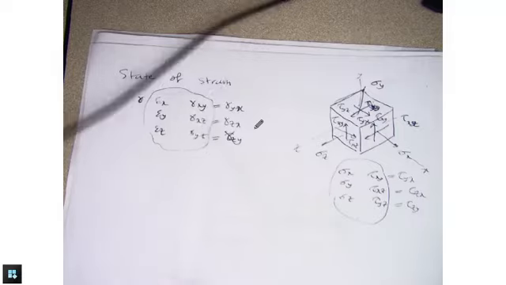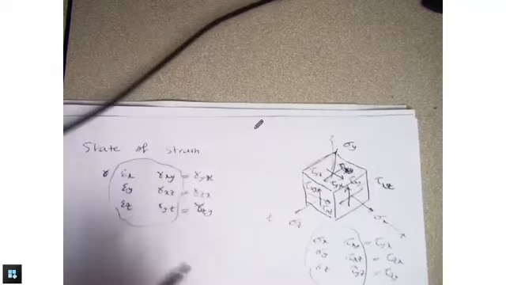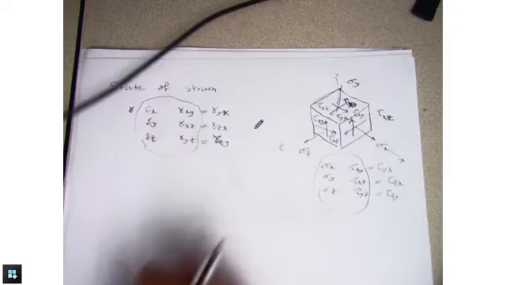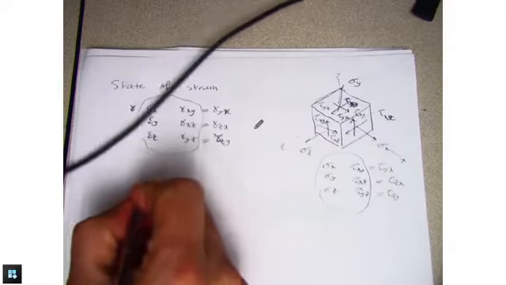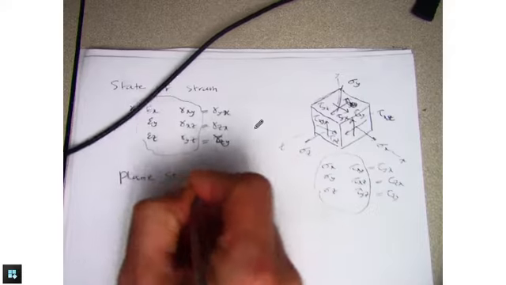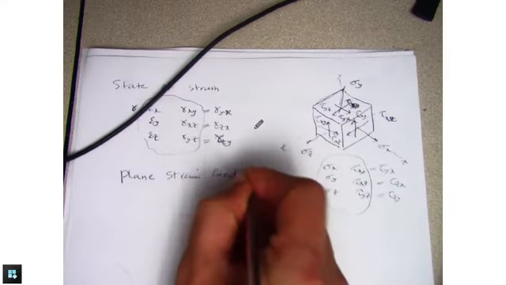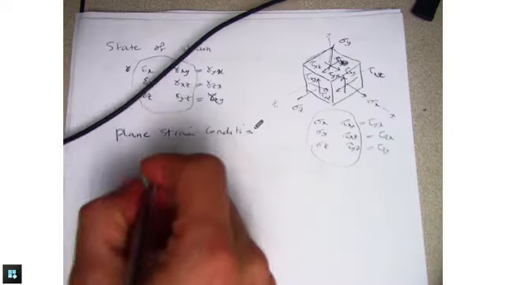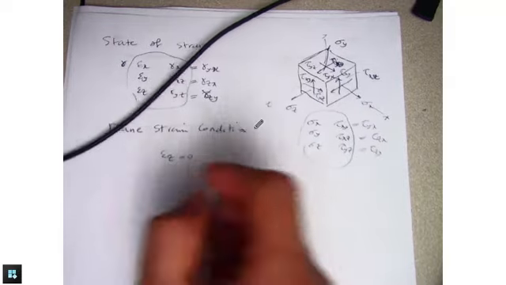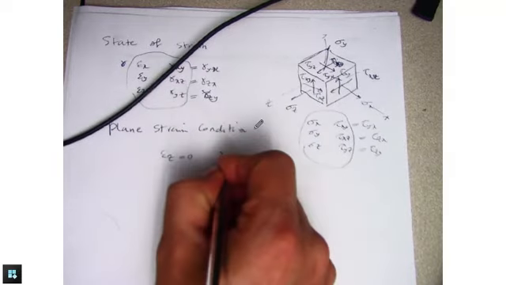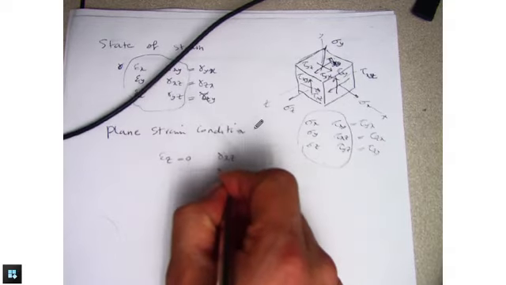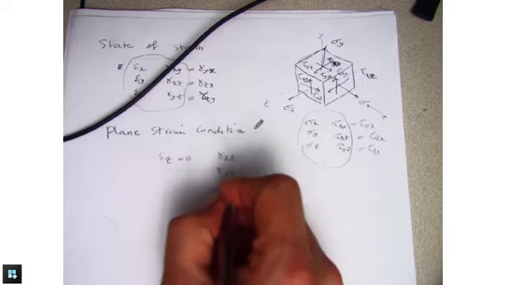All right. And similar to stresses, we can have plane strain condition. Under plane strain condition, you have epsilon z equal to 0. So on one axis, the normal strain is 0. And then the shear strains related to that axis are 0 too.